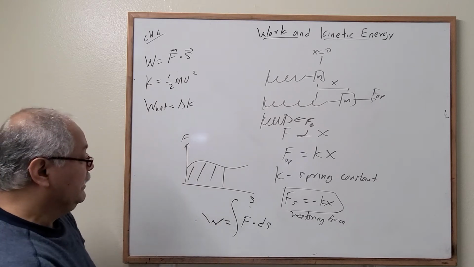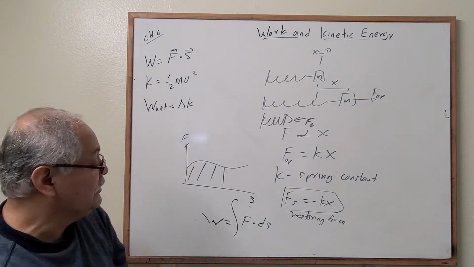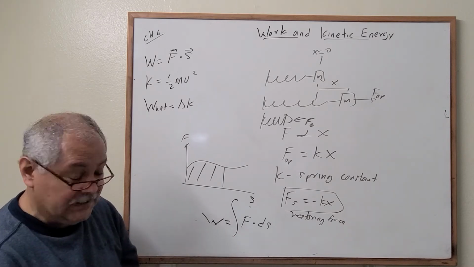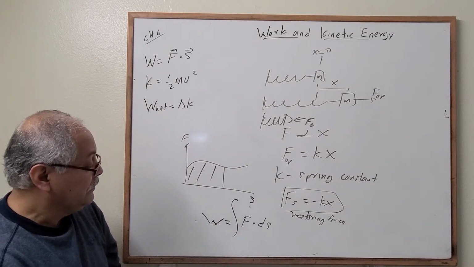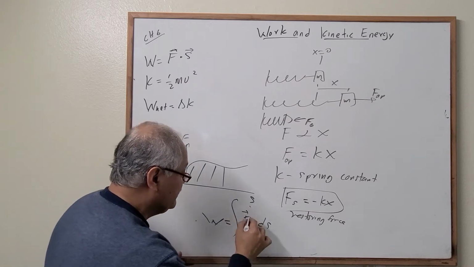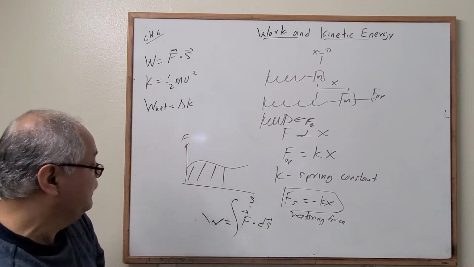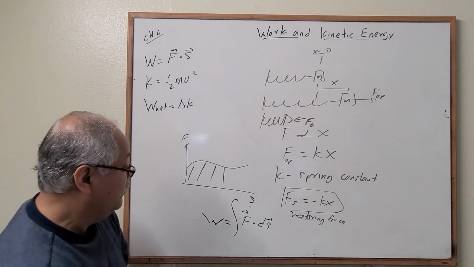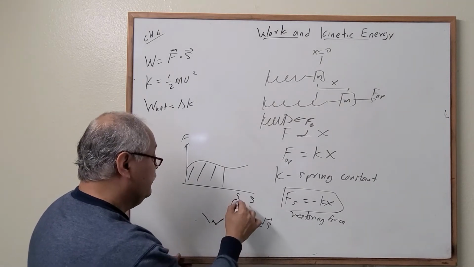Correct. The same thing as in calculus: when we are dealing with areas, we use the integral. The same thing happens right here. We can use vectors because it's a dot product, from the initial position to the final position.